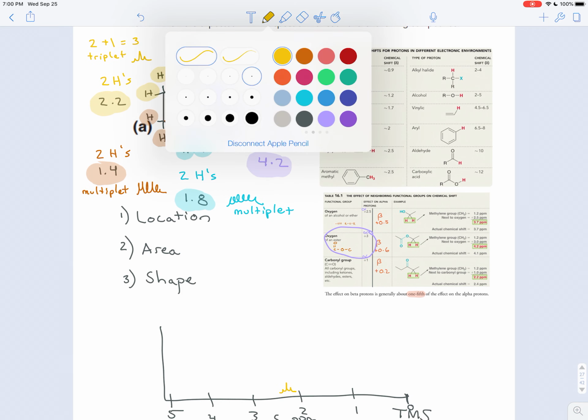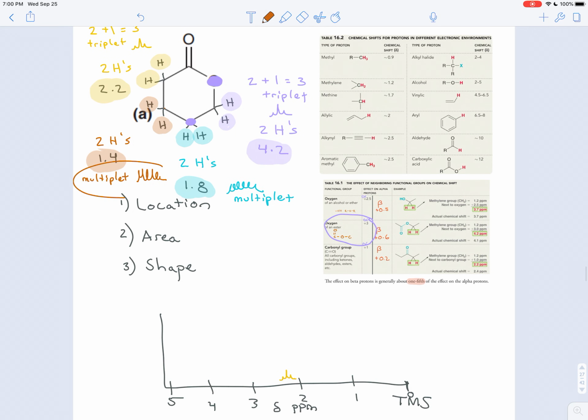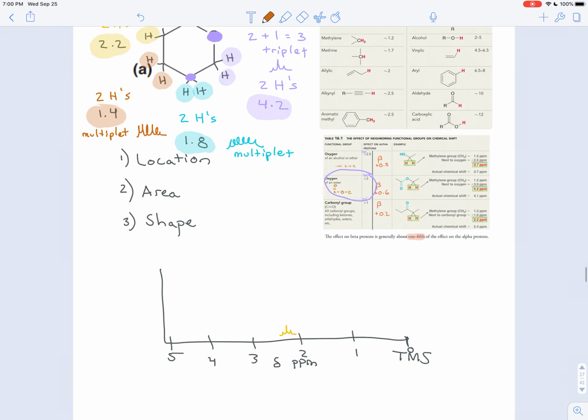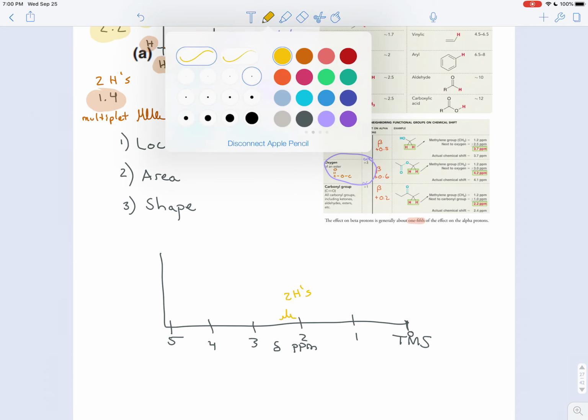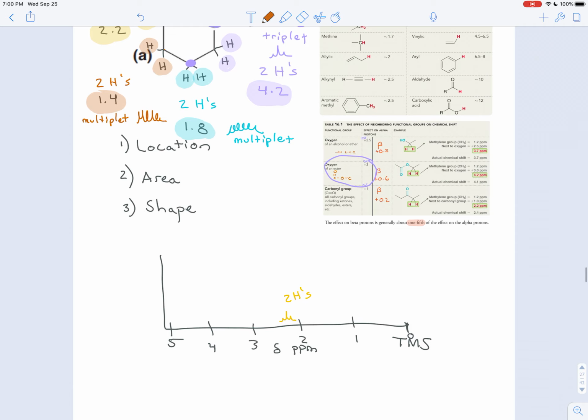Next, the brown hydrogens. We're going to have a multiplet at around 1.4, and this should have the same area underneath it as the other signal. Now, if you want to be extra clear, which is always a good idea, write the number of hydrogens next to the peak that you mean. So for the brown hydrogens, we're going to have a multiplet at 1.4.